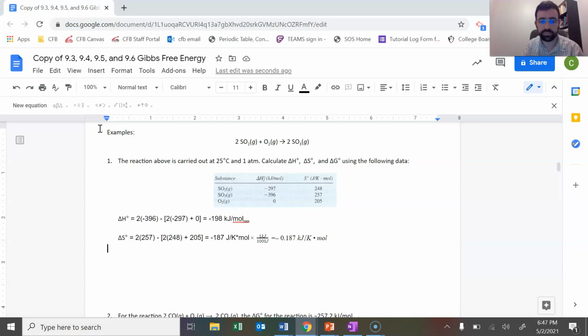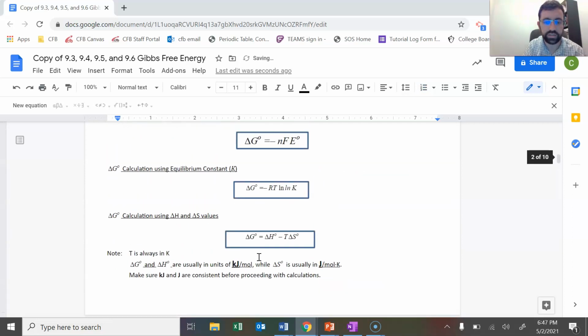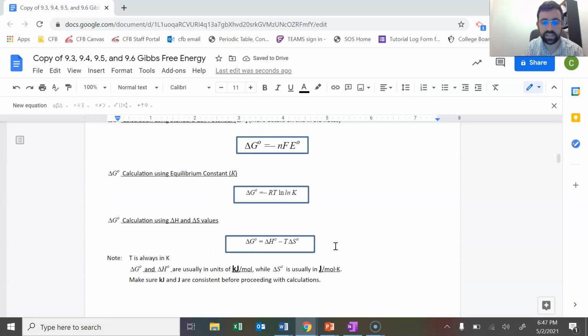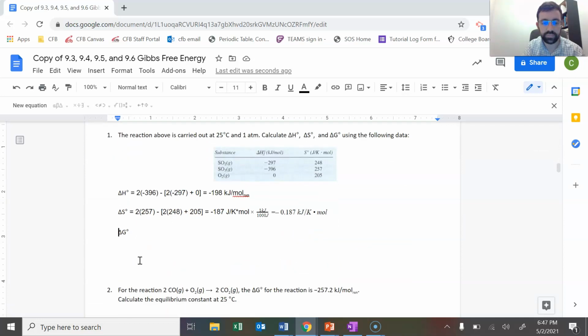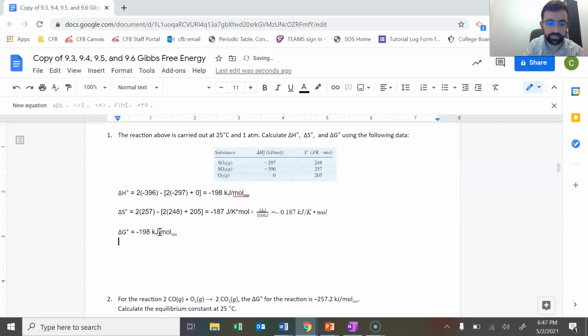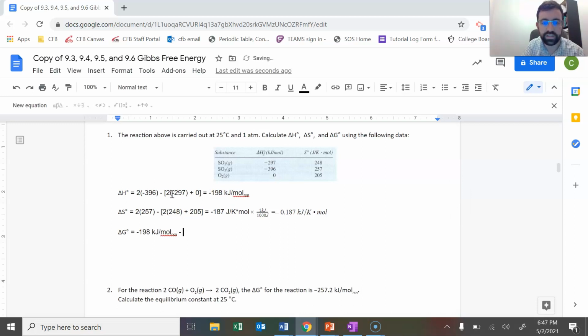Remember, for delta G, there's a few different ways to find it, but I want you to think about the one that involves enthalpy and entropy, since we have those two values. This is really good practice with this equation. Delta G equals delta H minus T delta S. Delta G equals delta H, so that's this value, minus, and then our temperature is 25 degrees Celsius, which we've got to turn into Kelvin.